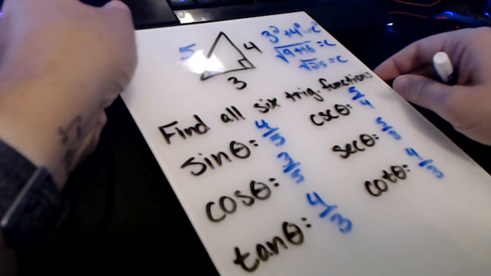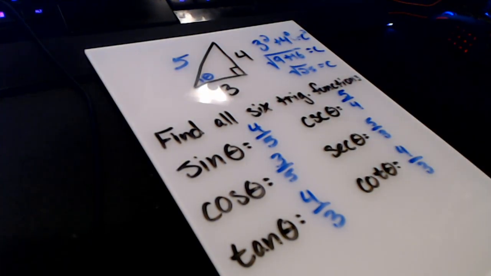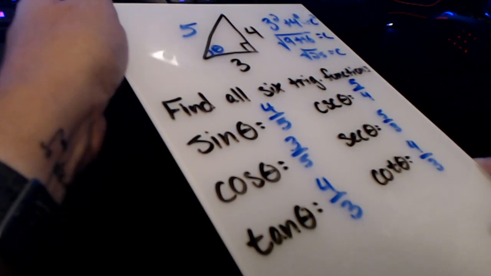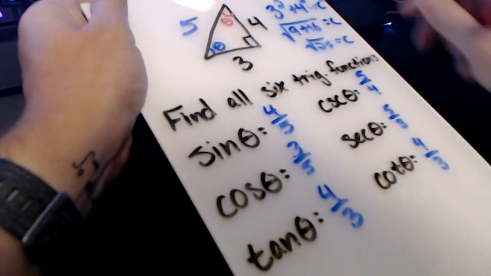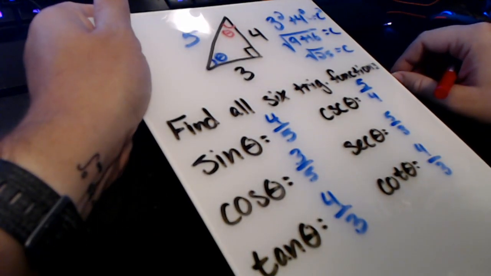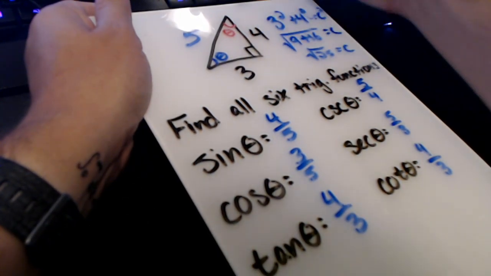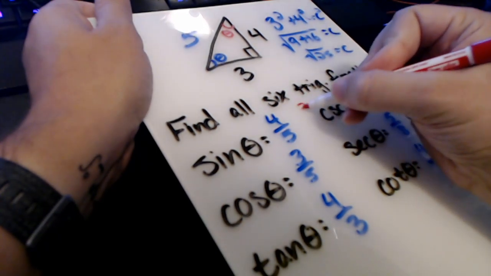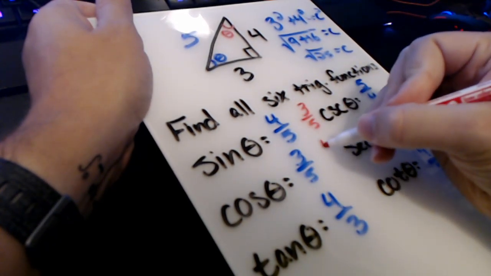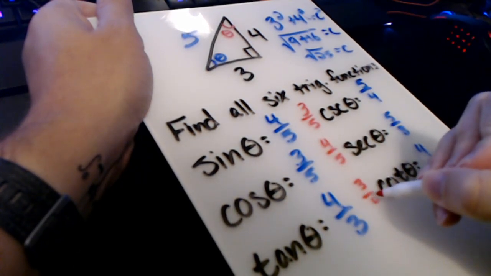Now, what could happen is if you look at the other theta that exists, if you pick one theta, so for instance, if this is our new theta, we get different answers. Because now you're having to look at this being the opposite, because it's where you're looking towards. So this answer becomes 3 over 5, this becomes 4 over 5, and this becomes 3 over 4.